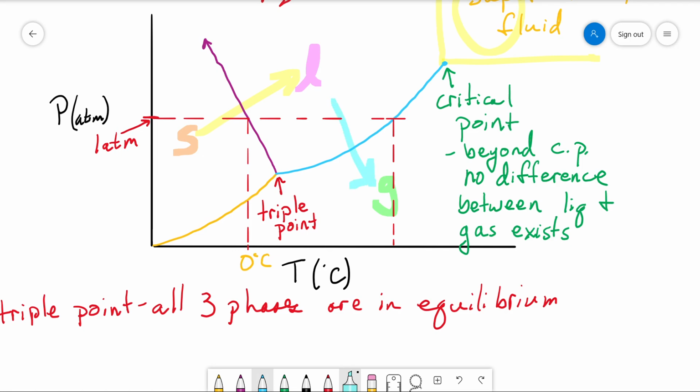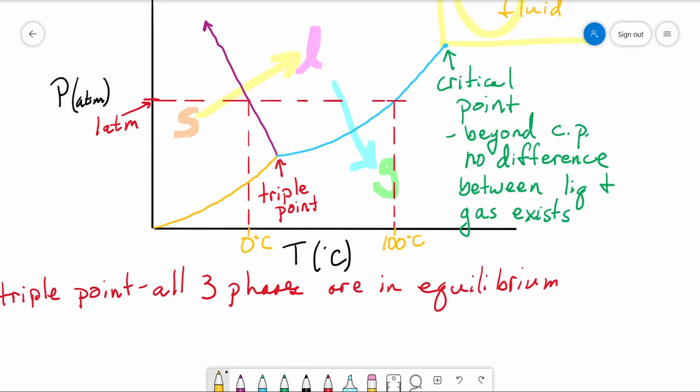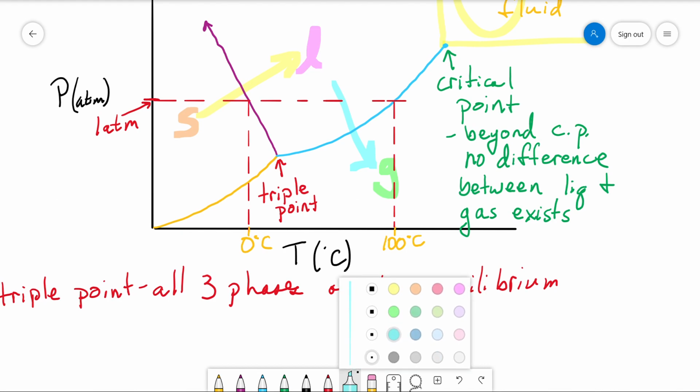We get vaporization. So this temperature here is 100 degrees Celsius. Okay, that's the normal boiling point. We get those straight off a phase diagram.